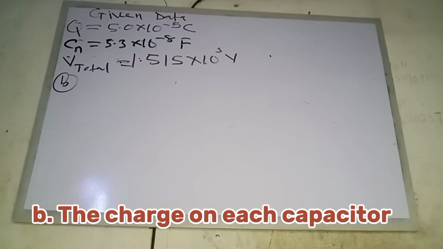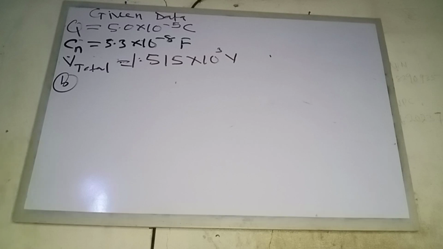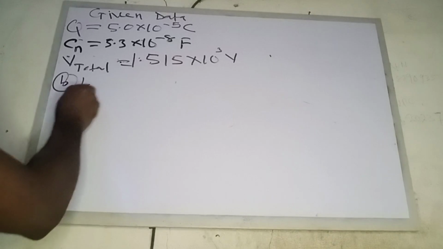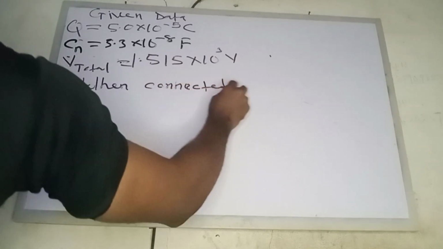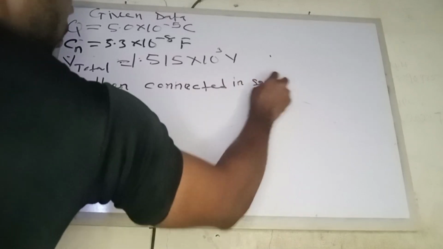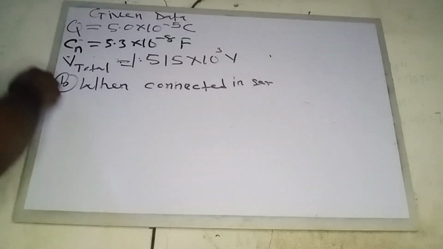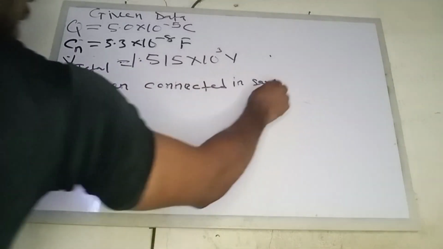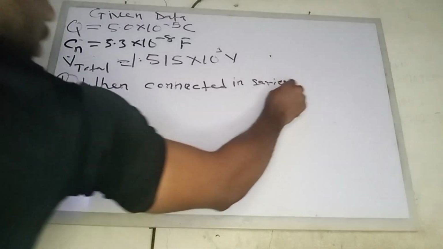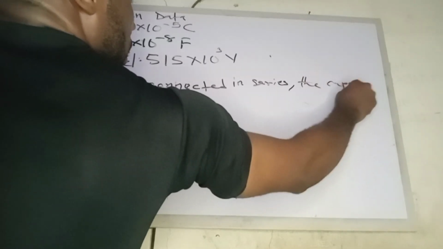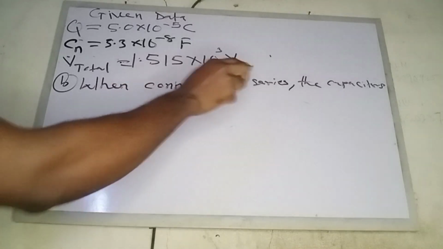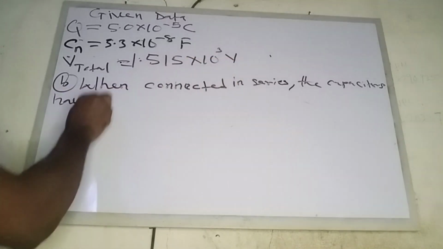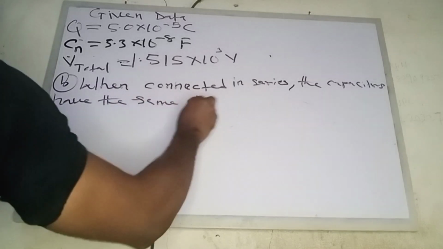So therefore, for the charge on each capacitor, your answer can be written this way: when capacitors are connected in series, the capacitors have the same charge.